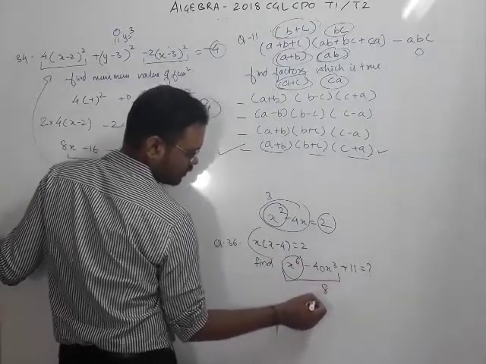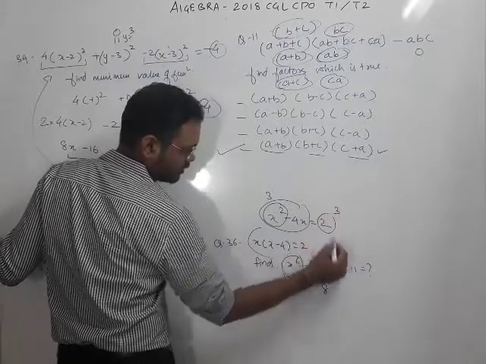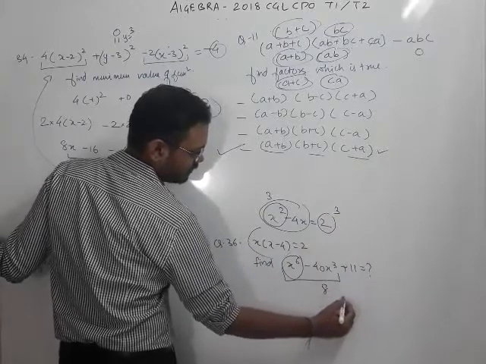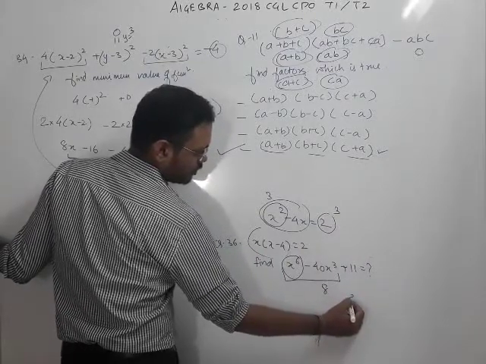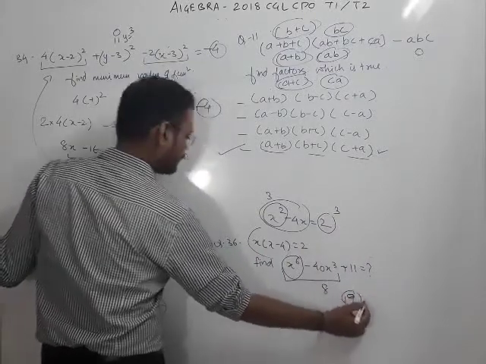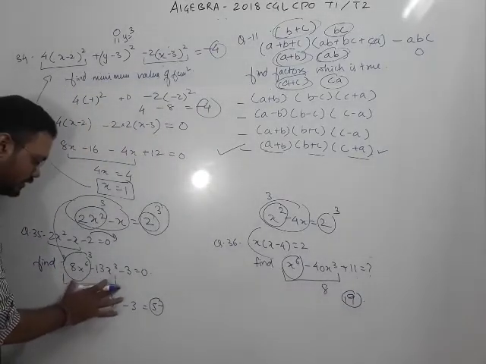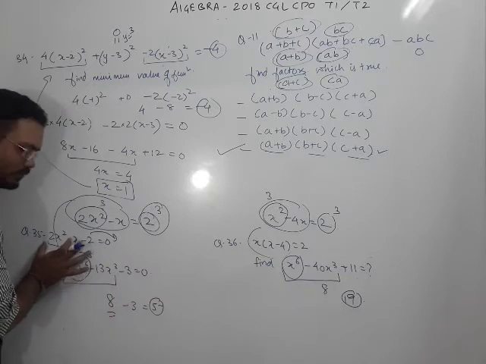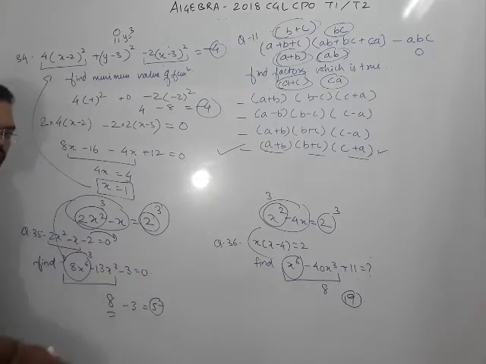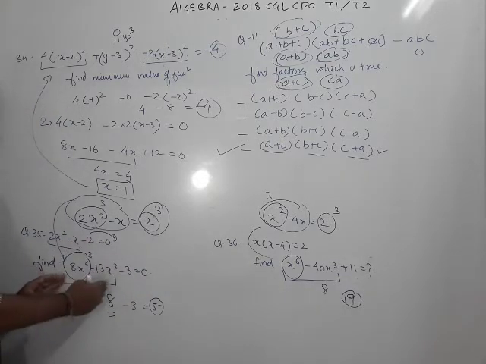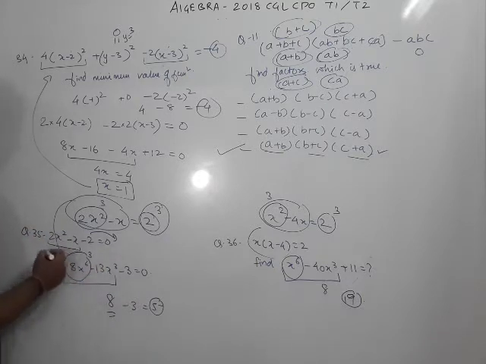Once you get 8, 2 cube, directly you can write 8 plus 11, which means 19 is your answer. It is applicable specifically to questions like this, when some variables are given, right side one constant is there, and they have asked for similar matching cube.